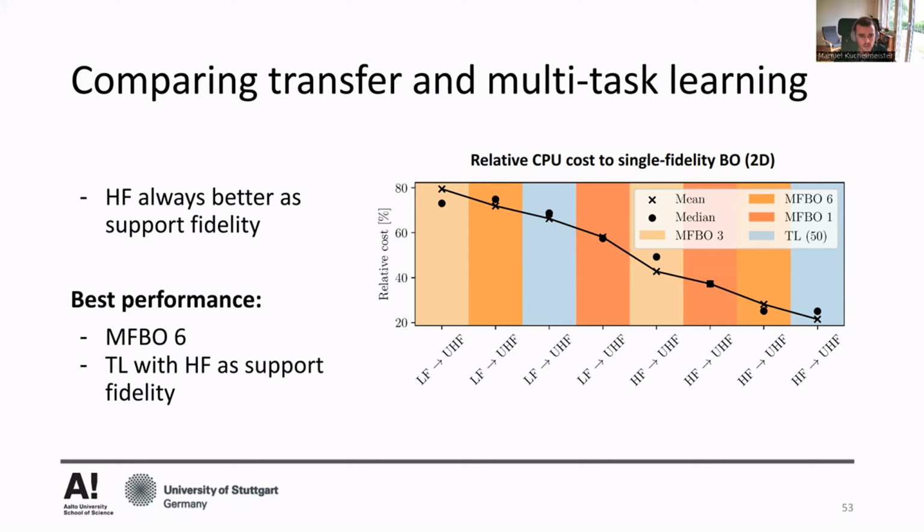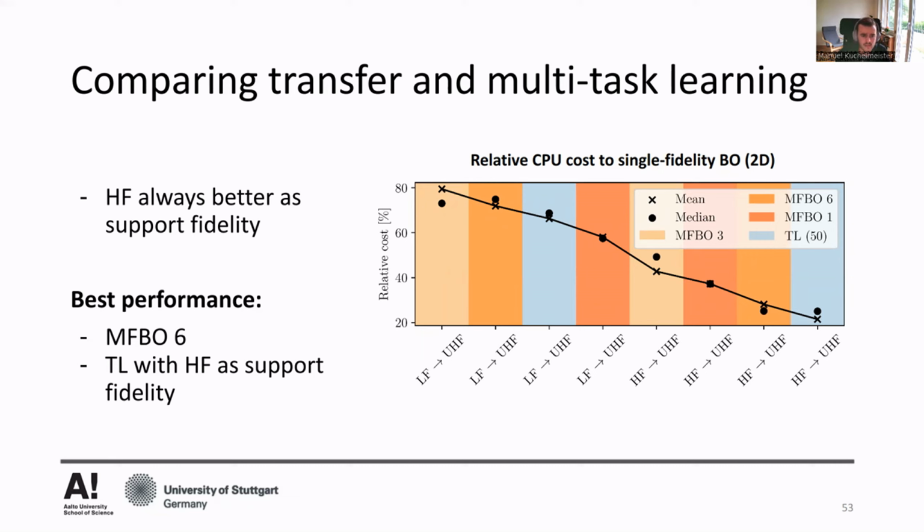The cross and the dot correspond to the mean and the median convergence times of a given experiment. On the x-axis, you see the fidelity combination I used in these experiments, and on the y-axis, the relative cost with respect to the baseline. I've ordered these convergence times by their value to see if there would be any trend, to see if something is particularly important for the amount of savings that we can have.